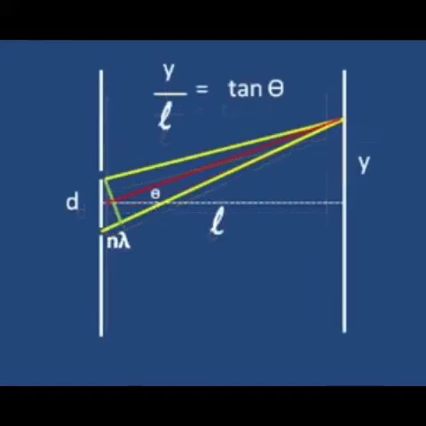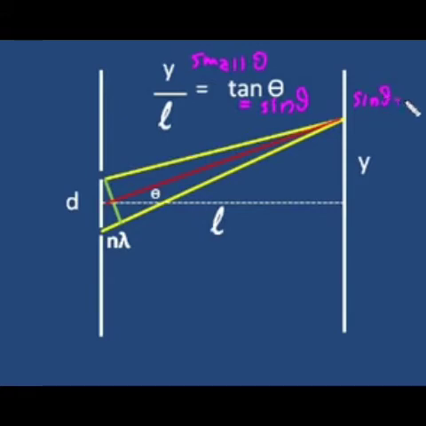But notice something. For small angles, the tan of theta equals sine theta. Now if you have trouble believing that, take your calculator out and try tan 0.5 degrees, then sine 0.5 degrees, and you'll see that for really tiny angles they're the same. And theta, in fact, here will be very, very tiny.